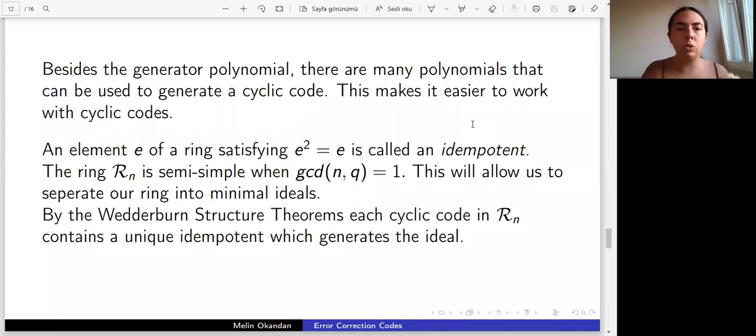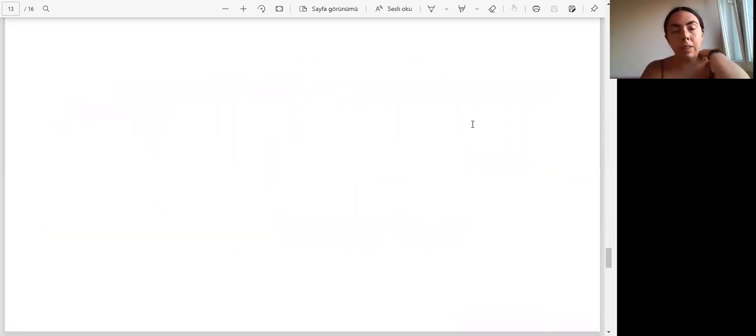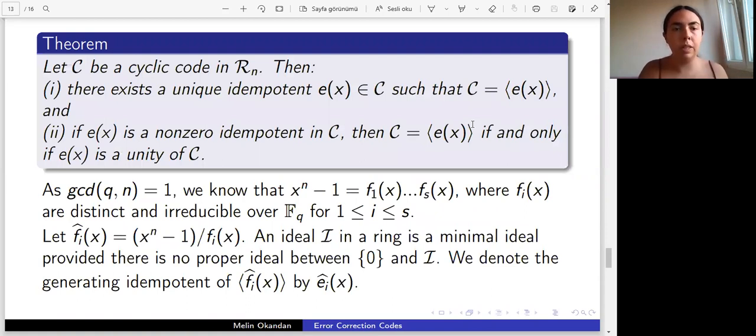Now this will allow us to separate our ring into minimal ideals, because we are working in a semi-simple case. Now by the Wedderburn structure theorems, each cyclic code in Rn contains a unique idempotent which generates the ideal. So here, this theorem summarizes it. Assume that C is a cyclic code in Rn.